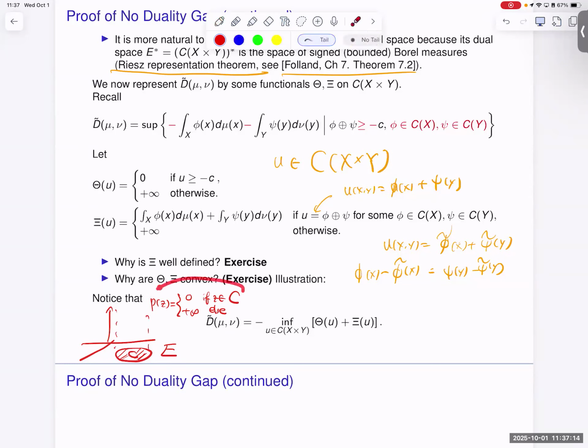So the hard penalty coming from the convex constraint is a convex function. Okay, that's something you want to remember.